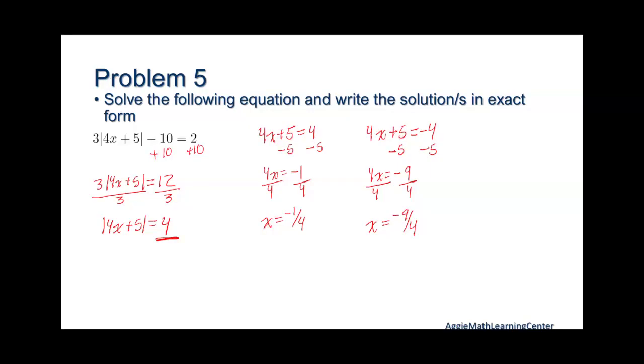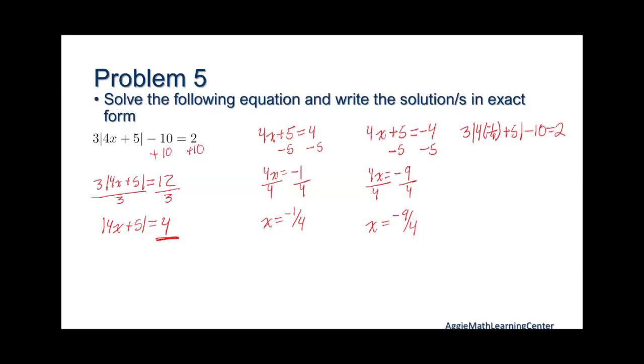So we are going to check that 3 times the absolute value of 4 times our x, which is negative 1/4, plus 5, minus 10 is going to equal 2. Then we're just going to follow order of operations to make sure this equation is true.